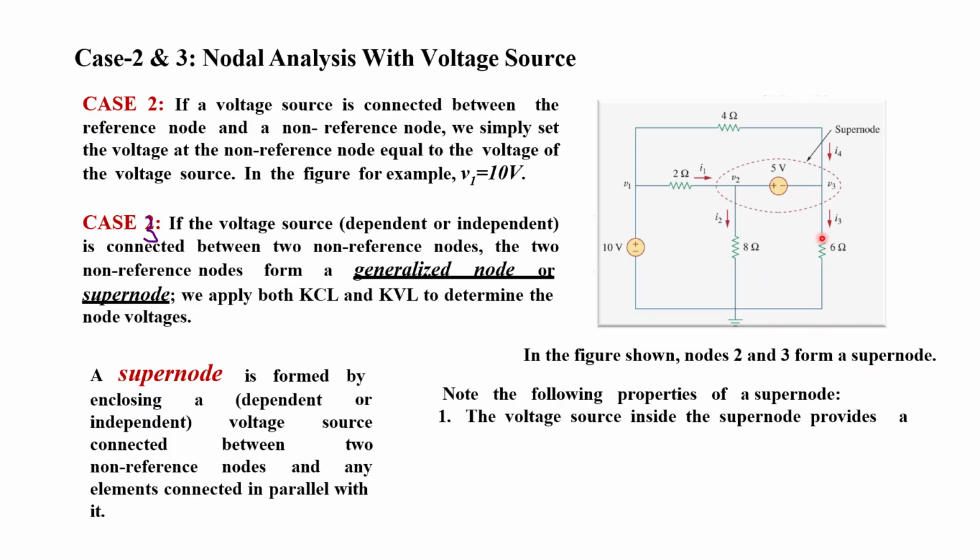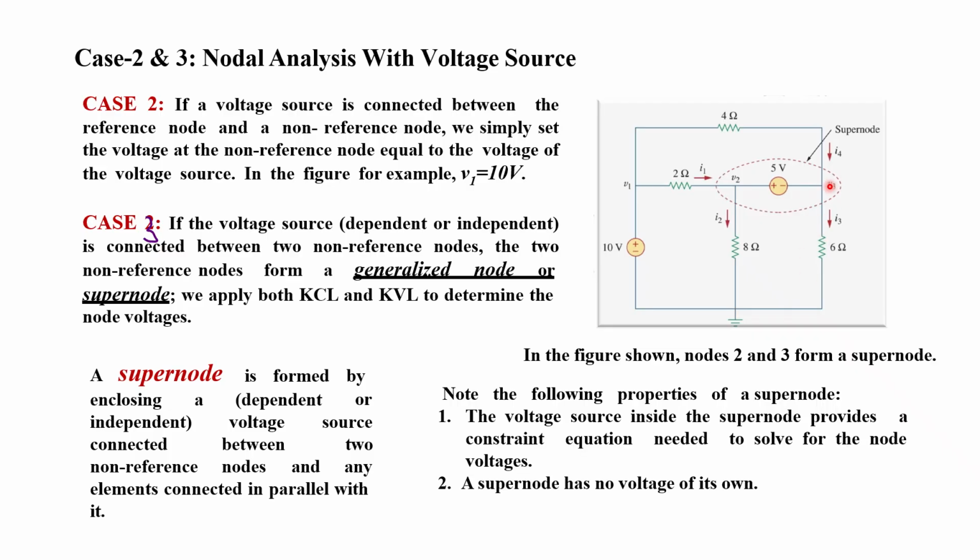In case of a supernode, the voltage source inside the supernode provides a constant equation needed to solve for the node voltages. A supernode does not have any voltage of its own, and both KCL and KVL need to be applied to solve it.